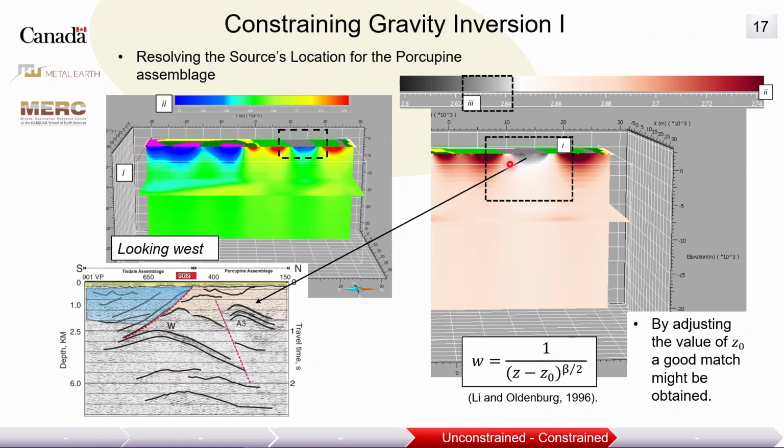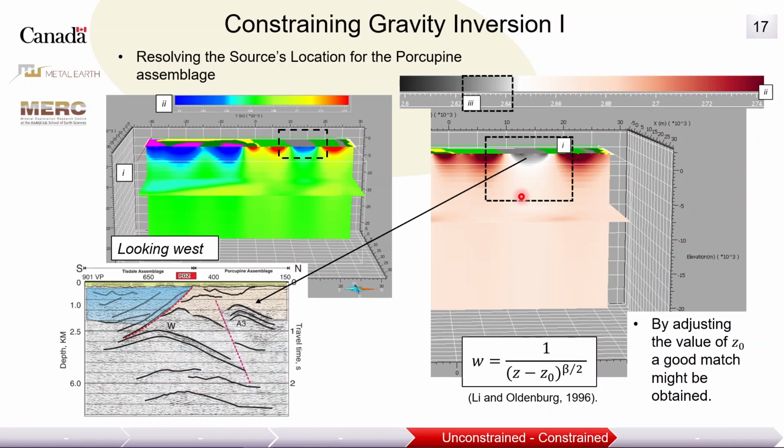We know this, by the way, is the Shillington line. So we can use this information and check other parts of the Porcupine assemblage to see how thick it is. So we can get some improvement here.